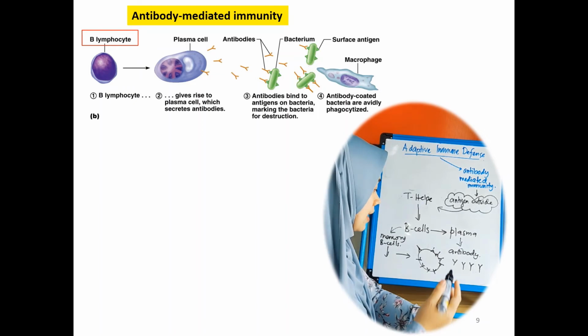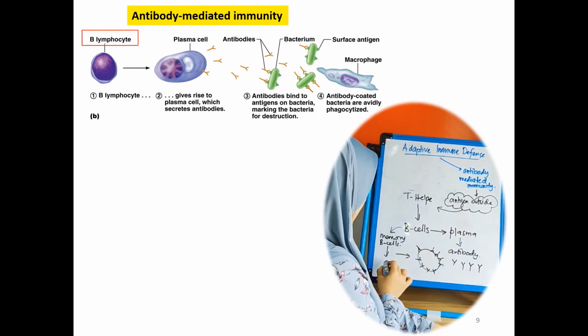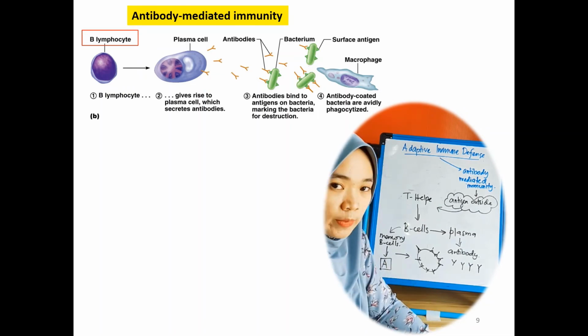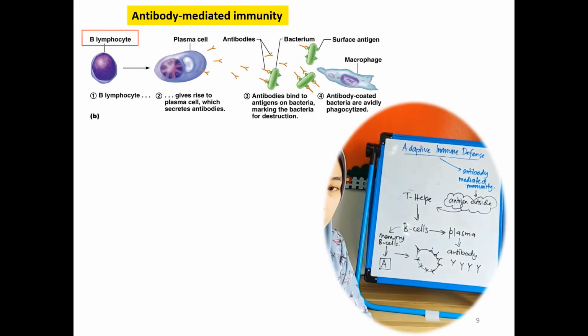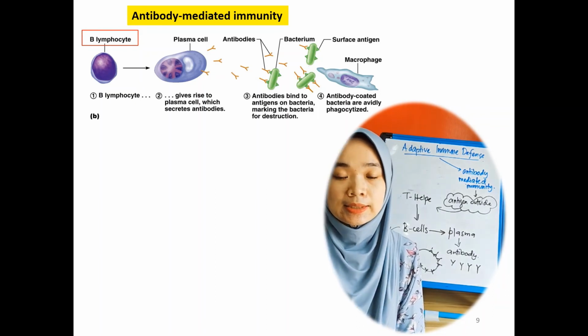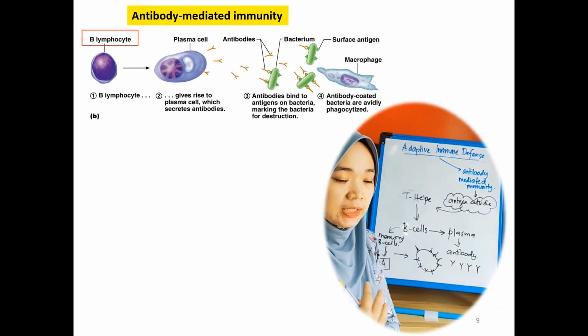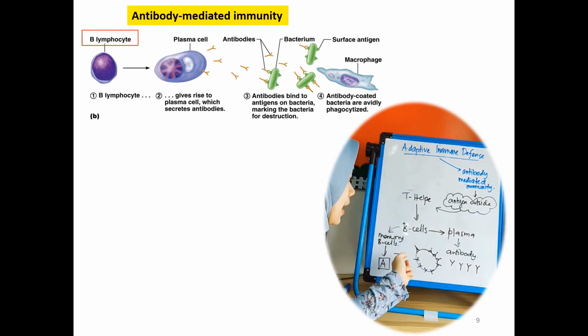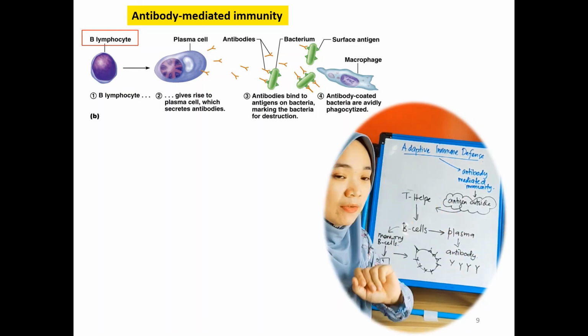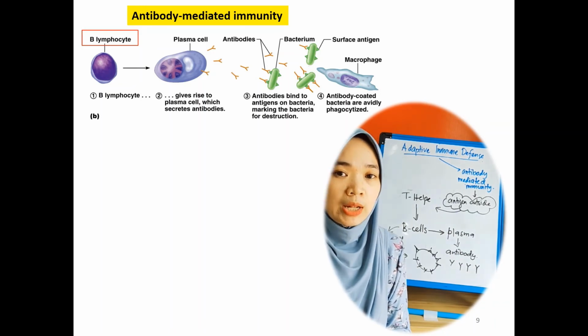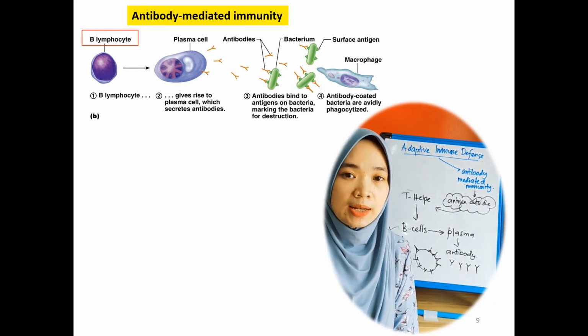Let's say antigen A. They will store the information of this antigen in the memory B cells, and later if there is an infection again by this A antigen, the adaptive immune defense will be activated immediately.